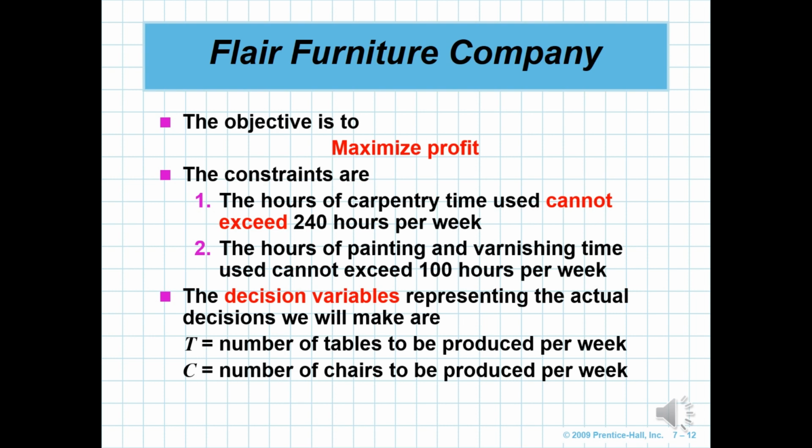It cannot be more than 240. So the symbol used in this case for the first constraint is less than or equal to. For the second constraint, painting and varnishing time cannot exceed 100 hours per week. So the decision variables in this problem represent the number of tables and the number of chairs to be produced per week. So we have the symbols T and C.